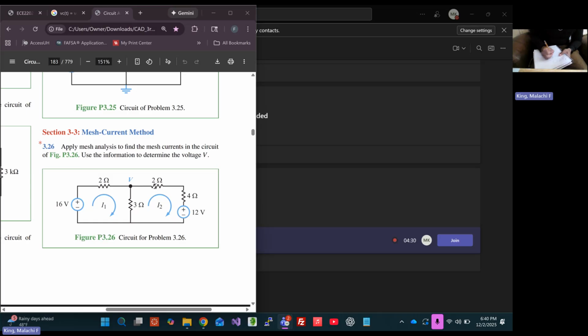Then combining, we have 5 ohms times I1 minus 3 ohms times I2. And we're going to move this to the other side with the zeros so it can be positive. So this is going to equal 16 volts. Okay, now moving on to I2.